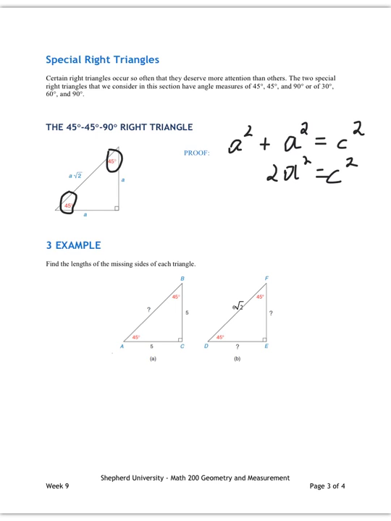What I'm trying to do is figure out exactly what the hypotenuse is equal to based on the sides that are equal to A. So I'm going to take the square root of both sides. That gives me that c is equal to the square root of 2a squared. Or simplified, c is going to equal a times root 2.